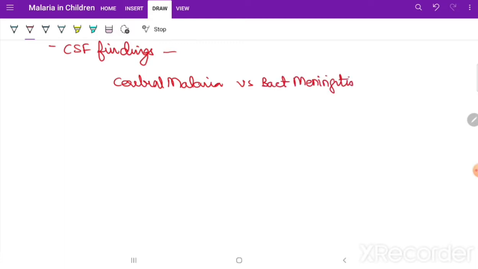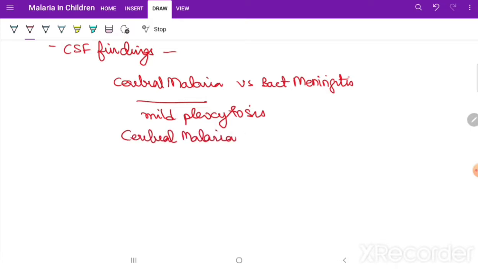When you compare cerebral malaria versus bacterial meningitis, you will find in cerebral malaria mild pleocytosis. This is the main difference, how you will differentiate a cerebral malaria case from a bacterial meningitis case. Now, cerebral malaria versus viral encephalitis, that is VME.